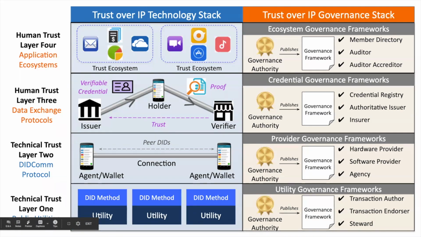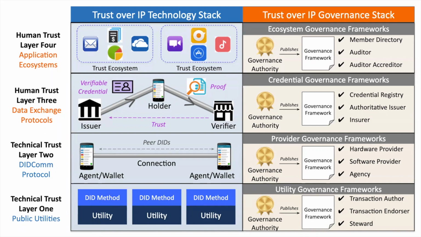Most ecosystems, I think, will not be defining these lower levels. They'll simply be saying, there are certain utilities whose governance frameworks and operations meet our requirements, and they will be whitelisted. That's why the first role we show up there is member directory, right?